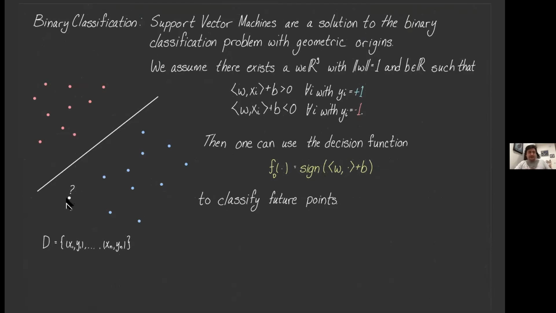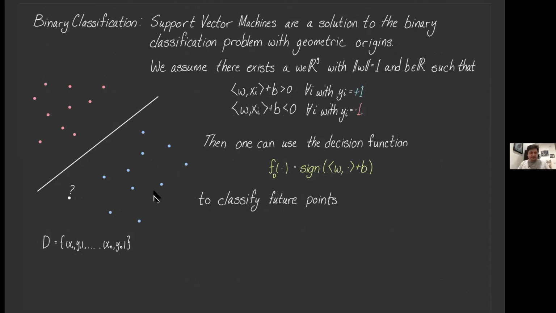So this new point that I've introduced is going to be friends with the blue points because it's on this side of the decision boundary. That's pretty simple enough, and to show that you can have the separating hyperplane, it's just some linear algebra.